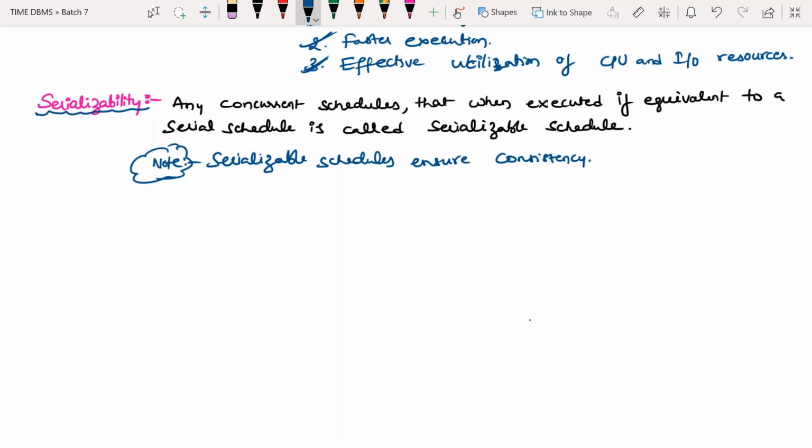If the effect of a concurrent schedule is equivalent to a serial schedule, we call it a serializable schedule, and serializable schedules ensure consistency. Now, how to verify whether the given concurrent schedule is equal to a serial schedule or not? To verify serializability, we have the concept of conflict serializability.